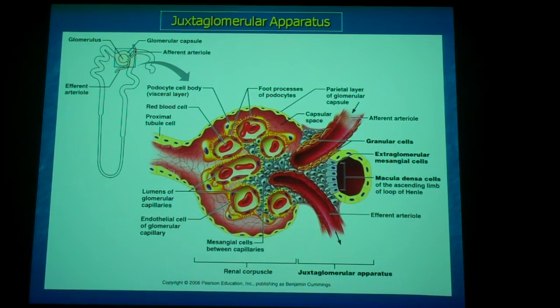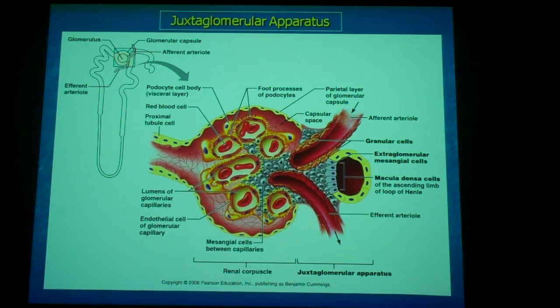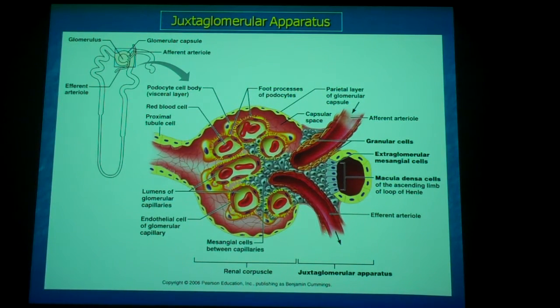Notice another thing. There are some specialized cells here in the wall of the afferent arteriole. These are called granular cells. This is where renin, an enzyme, comes from, and this is where erythropoietin comes from. Now, notice that in this distal convoluted tubule segment that's next to the corpuscle, there are some specialized cells in its wall.